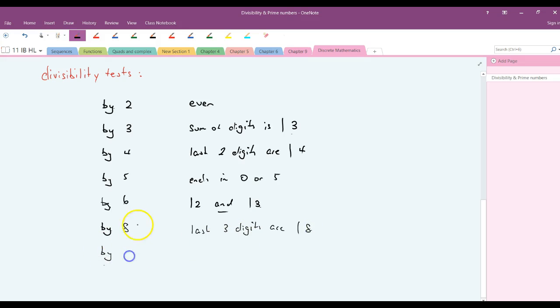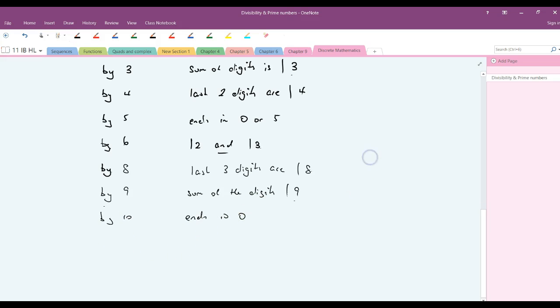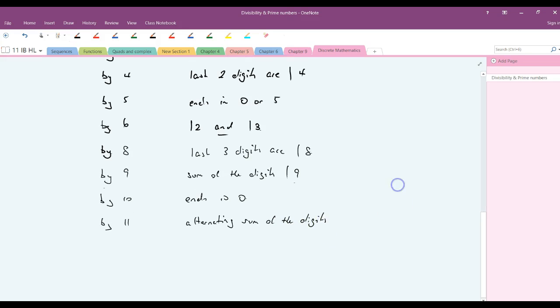By 9, similar to 3 in that the sum of the digits is divisible by 9. 10's easy, obviously ends in 0, and we stop at 11. By 11, this is where the alternating sum of the digits is divisible by 11.